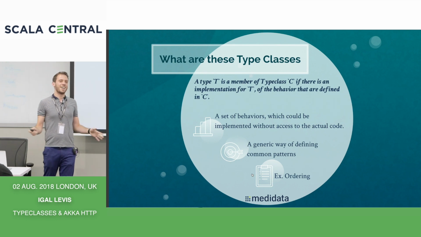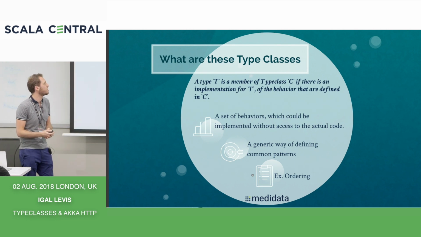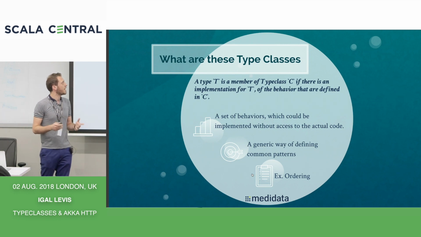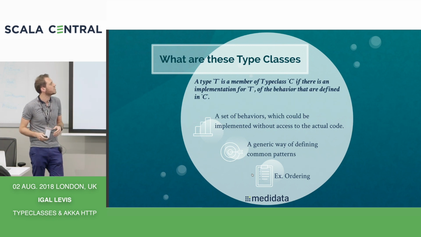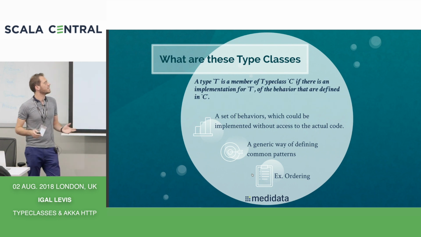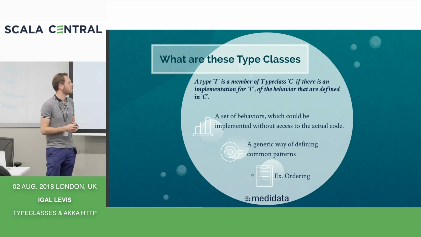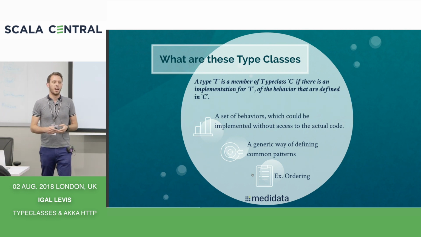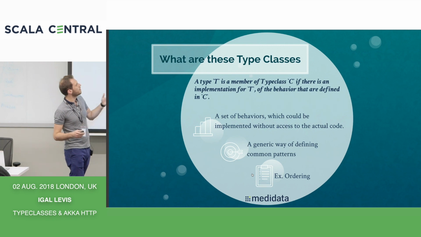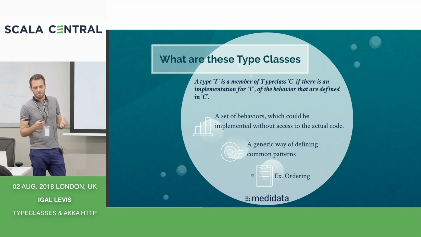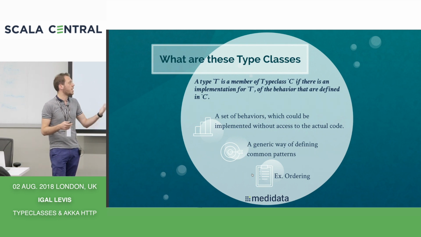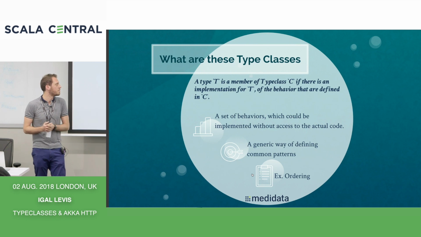Okay, so to have a more abstract definition, we can say that a type T is a member of type class C if there is an implementation for T of the behavior that is defined in C. So what this basically tells us is that for any given type T, if we want to include the behavior that is defined within the type class C, type classes allow us to do this without needing to change the actual code itself, the actual class's implementation.